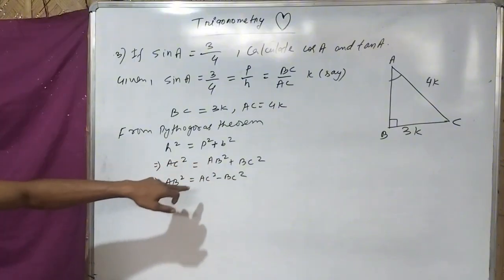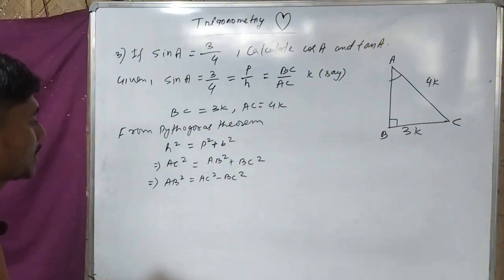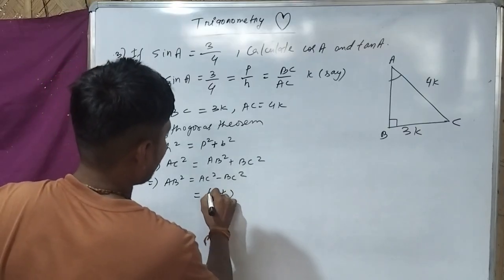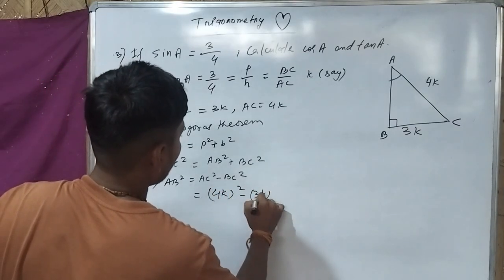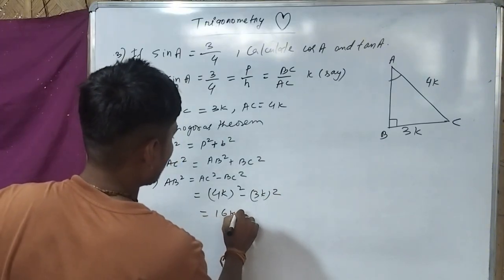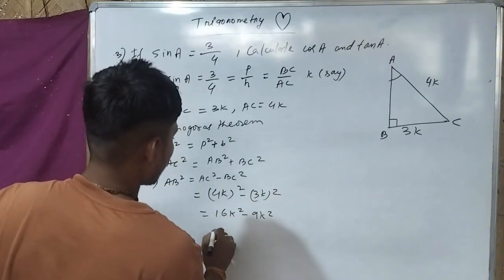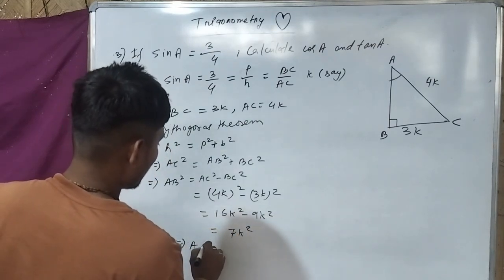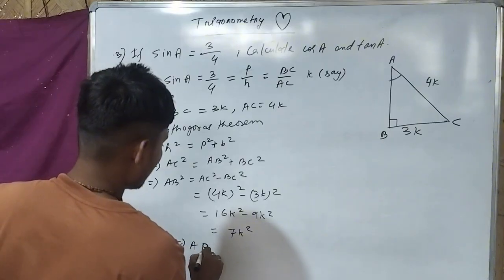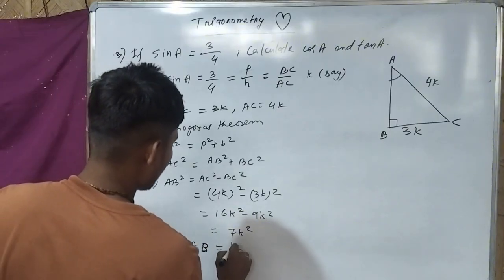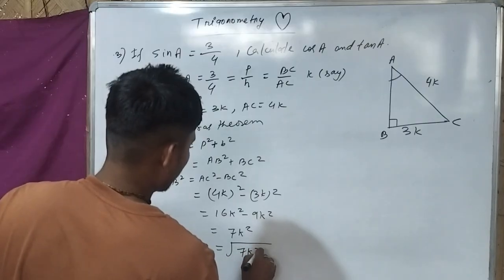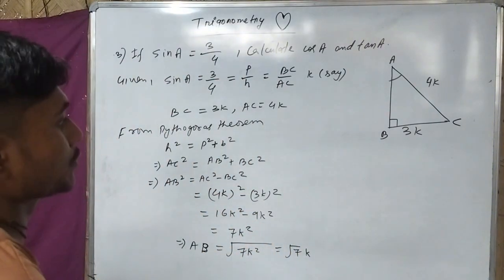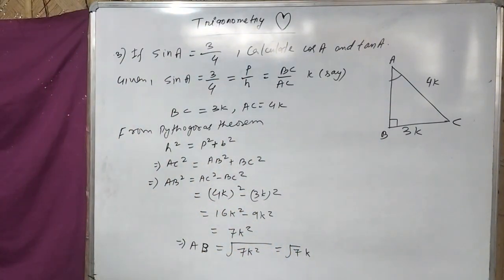If you bring it to the left hand side, it will be AC square minus BC square. AC is 4K whole square, BC is 3K whole square. So 16K square minus 9K square, that is 7K square. That means AB will be root over 7K square, that means root 7 K. So we get root 7. Is it correct or wrong?